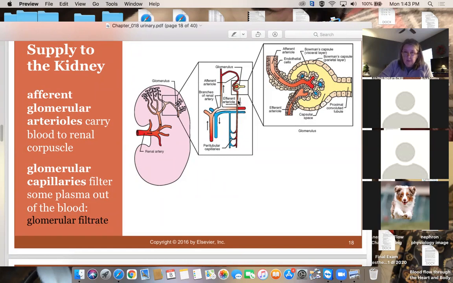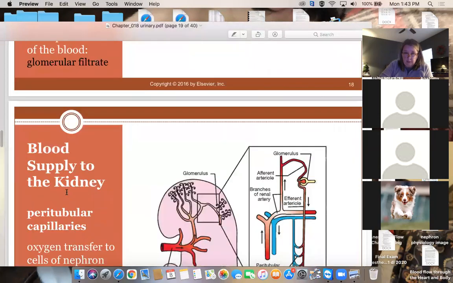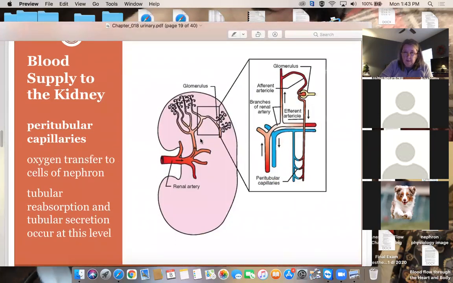Efferent means going away. The glomerular capillaries filter out some blood, then it comes out the efferent arteriole, and that becomes the peritubular capillaries. The peritubular capillaries have a couple of jobs.